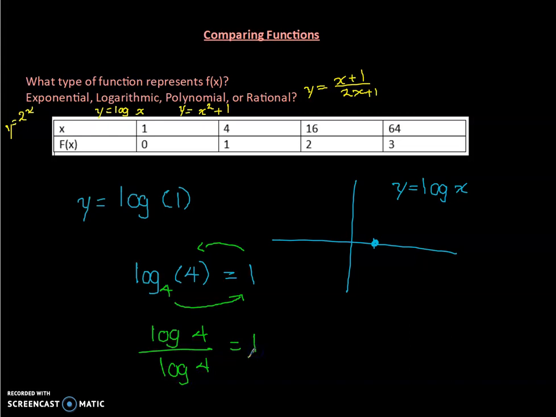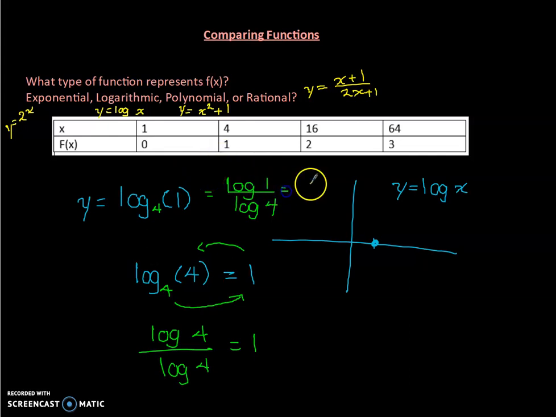So that means that from the first set of points that I'm given, if I type in log base 4 of 1, that should still give me 0, meaning if I use the change of base formula, taking log of 1 over log of 4. So you can plug that into the calculator. And anytime you take the log of 1, it's going to give you 0.